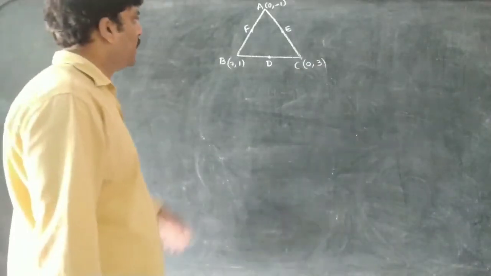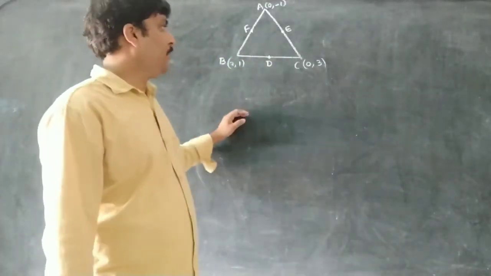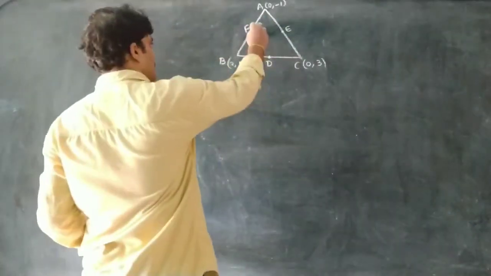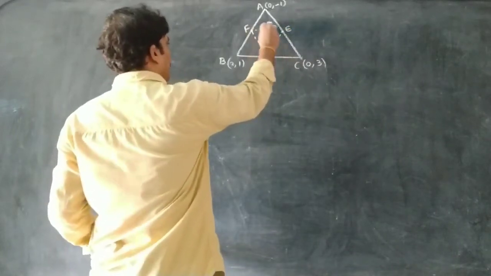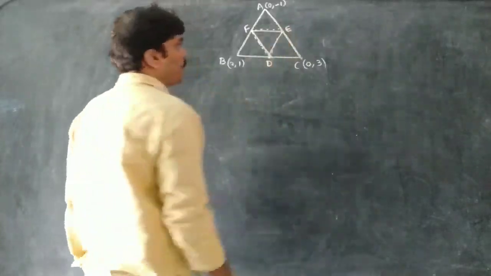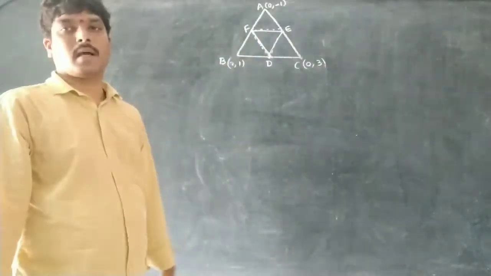Here in this triangle A, B, C are given, and we need to find midpoints of the sides. D, E, F are the midpoints of the sides. If you join them, you will get one triangle. DEF is a triangle.